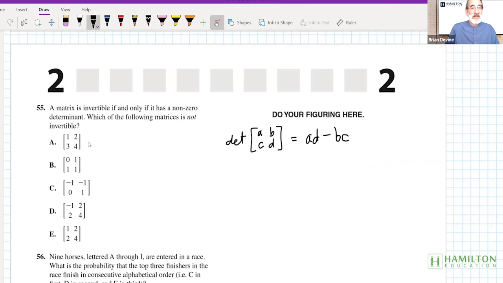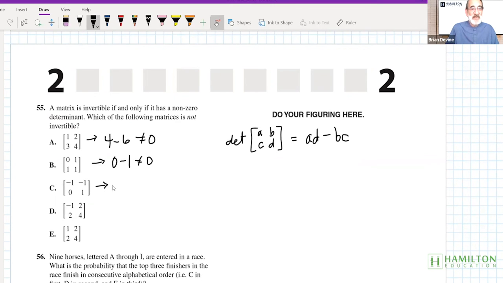Well, this one would be 4 minus 5. Or pardon me, 4 minus 6. That's not equal to 0. And similarly, this one would be 0 minus 1, which is not equal to 0. And if we go down, we get negative 1 plus 0.